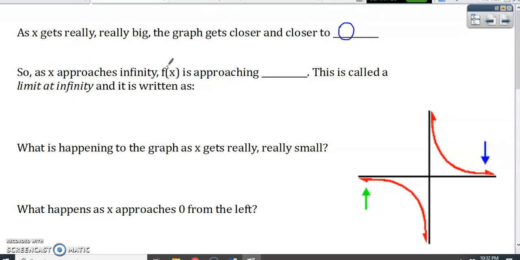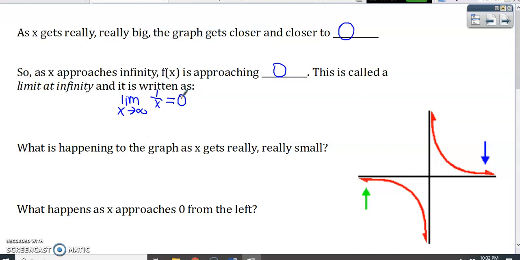So as x goes to infinity, f of x, the function value, is approaching 0. This is called the limit at infinity. It's written as the limit as x goes to infinity of the function 1 over x is 0.